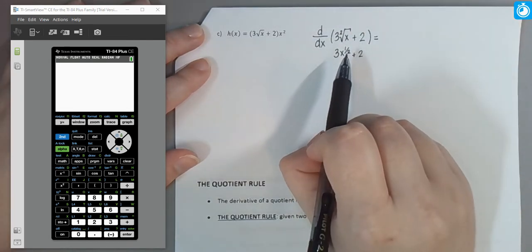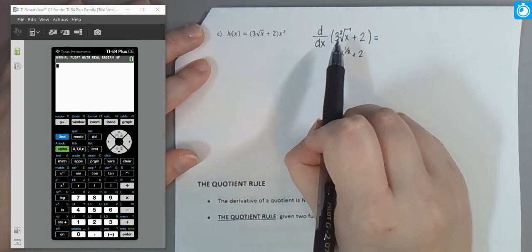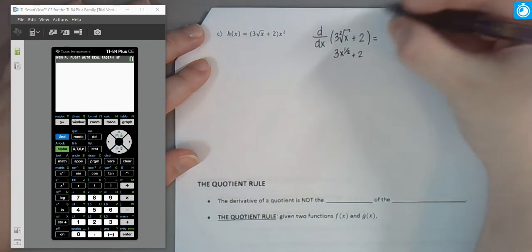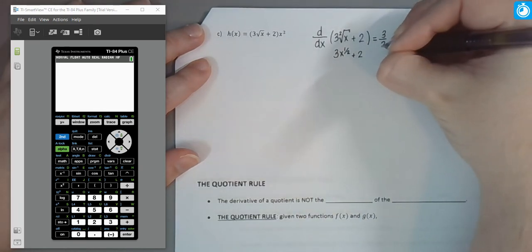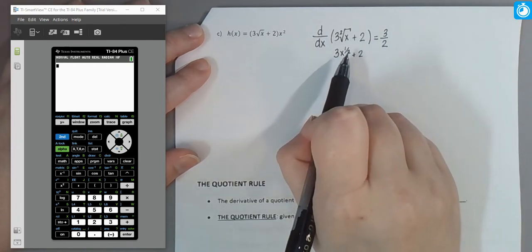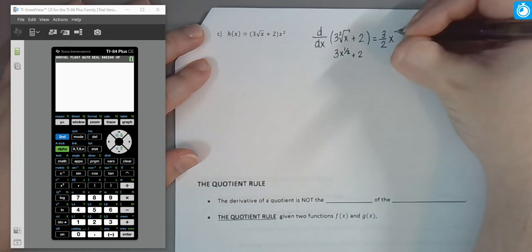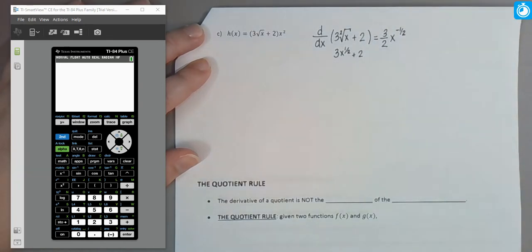So we would use the power rule for the first term, bring down your exponent. So 1/2 times 3 would be 3/2, and then decrease your exponent by 1. 1/2 minus 1 would be negative 1/2. And we're just going to leave it like that for now.